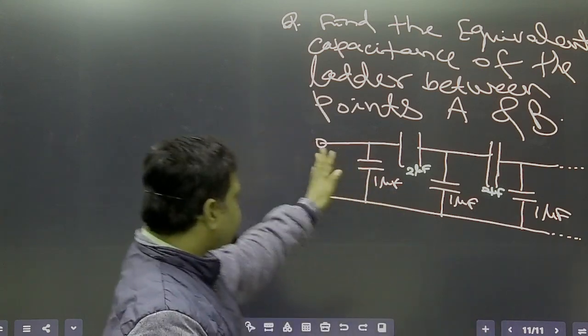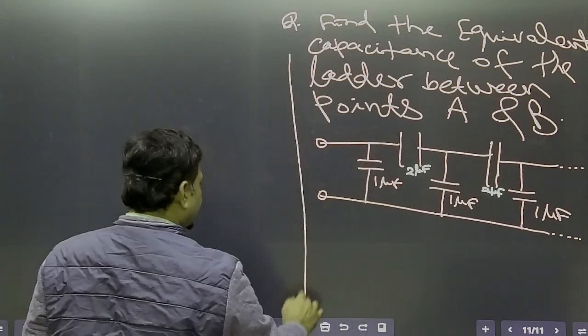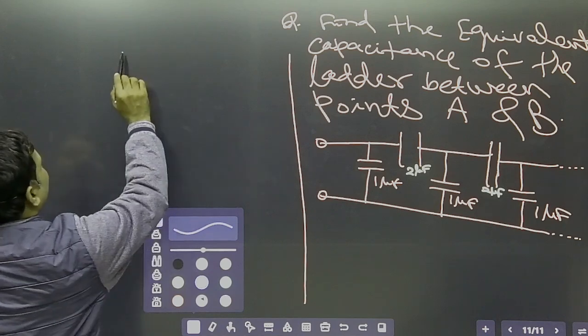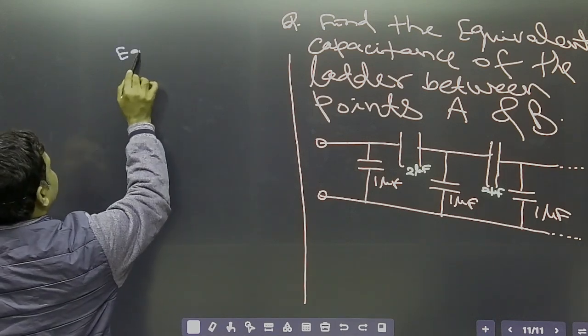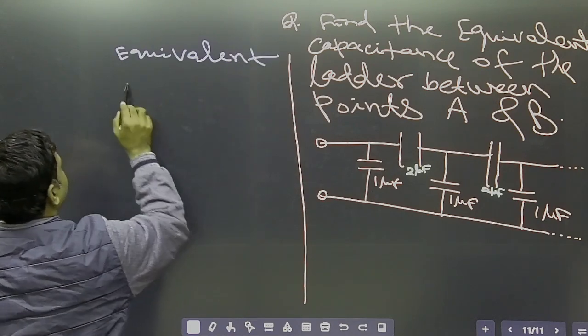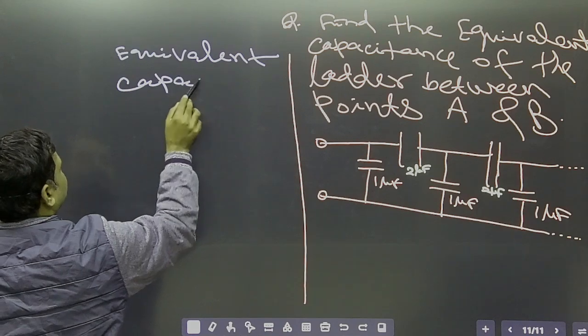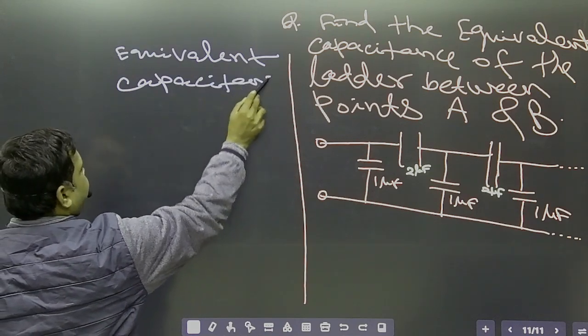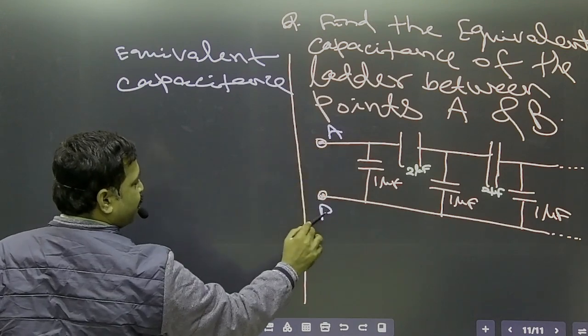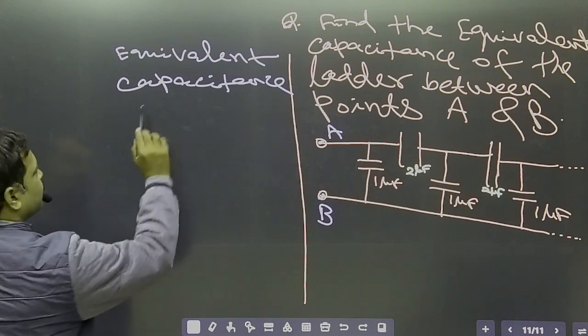So let us consider that the total equivalent capacitance across this A point and this B point is, suppose, C.